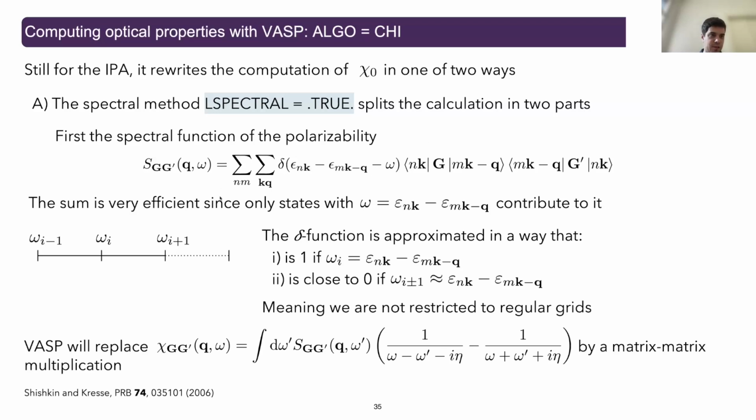This is a very efficient sum in that only states where this energy relation is conserved are going to contribute to it. And the delta function is approximated in a way that it's 1 if the energy difference is close to the point on the frequency grid that you are interested in, and 0 if it's close to the points that are adjacent to it.